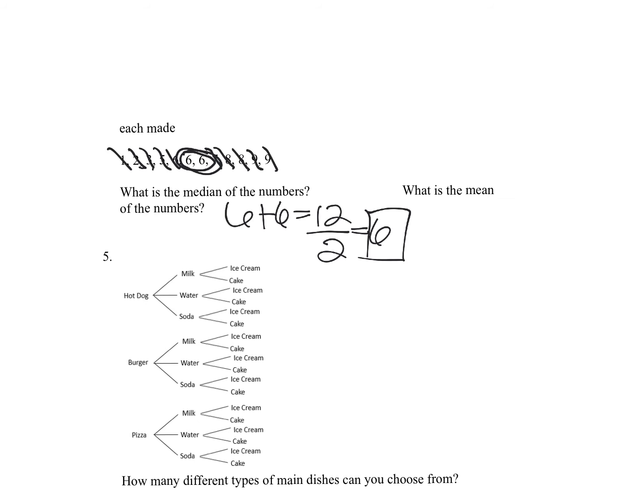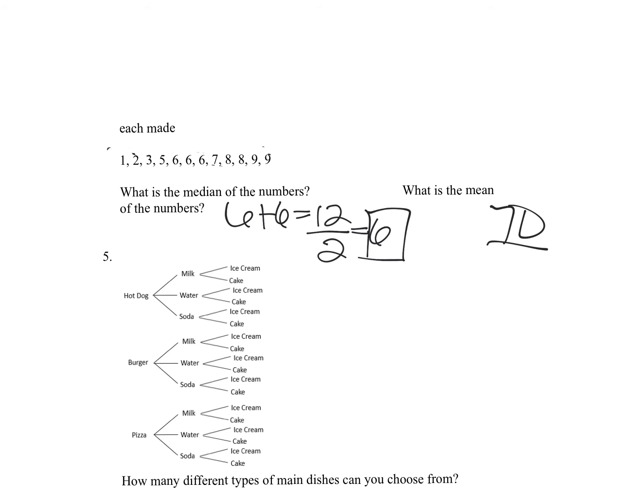To find the mean, we're going to add them all together. So if I erase these so I can actually see the numbers again, we just add them all up. So 1 plus 2 plus 3 plus 5 plus 6 plus 6 plus 6 plus 7 plus 8 plus 8 plus 9 plus 9. If I add up all the numbers, I used a calculator, I got 70.